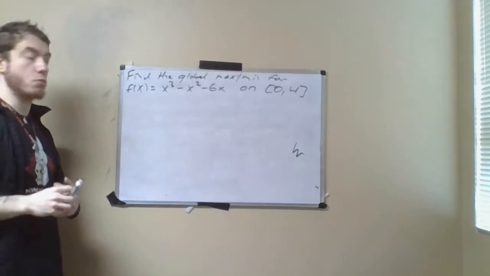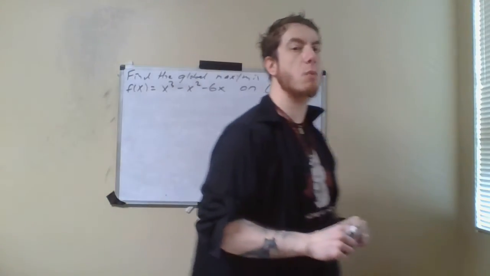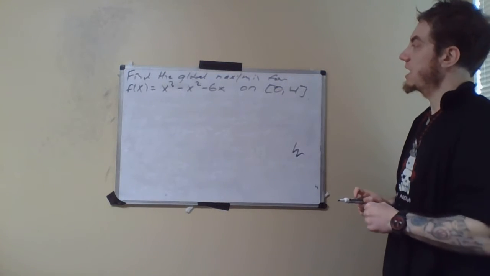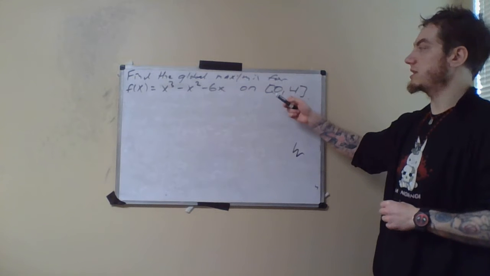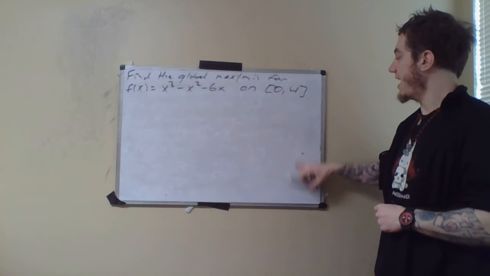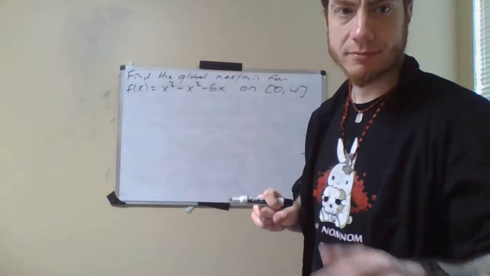So here's what we're going to do. We're going to find all of the critical points. Now remember, the critical points are the places where the derivative is 0 or is undefined. And then we're going to see which critical points sit inside this interval. And then we're just going to check the function at the endpoints and at the critical points inside the interval.